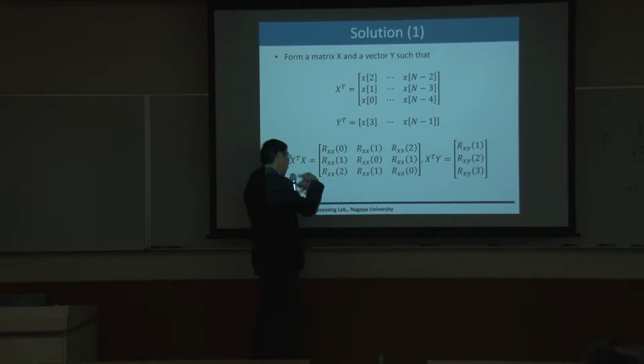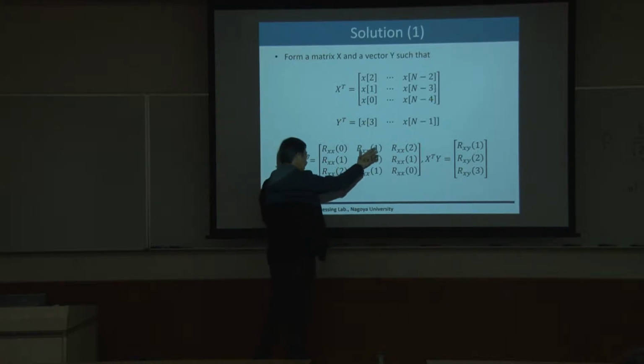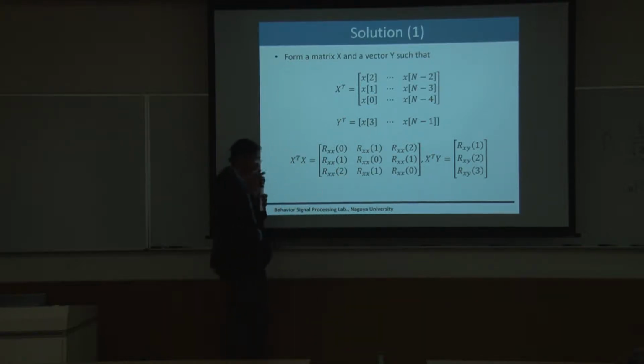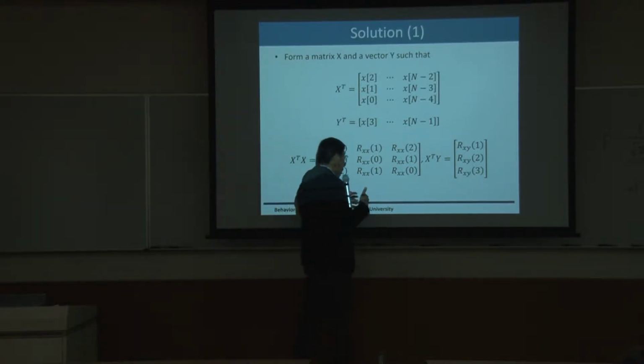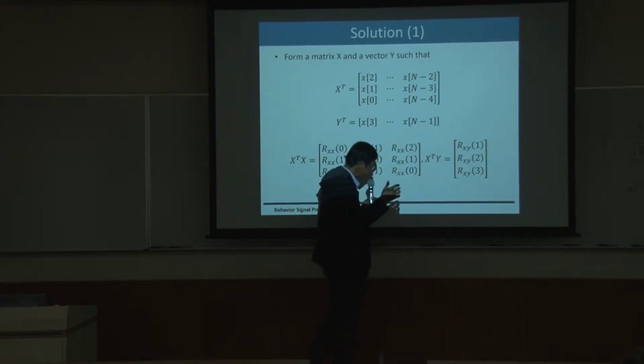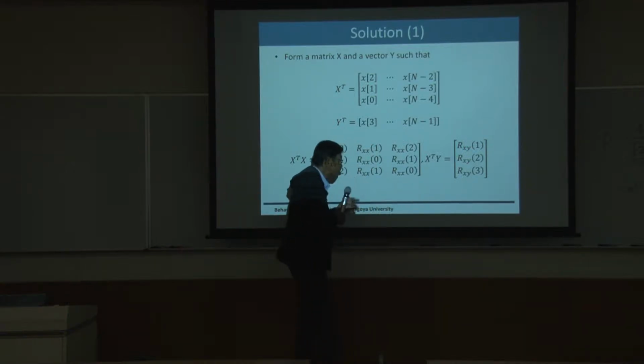Rxx0 is the autocorrelation function, which gives you the power of the data, I mean the mean square value of the data. And Rxx1 is the product of x1 and x2, x2 and x3, x3 and x4, and so on. Rxx2 will be calculated from x1 x3, x2 x4, x3 x5, or things like that.